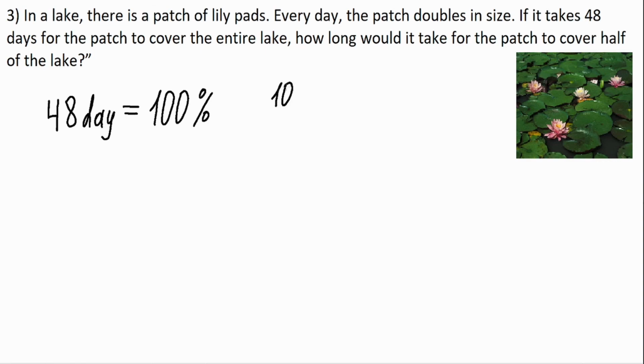We know that 100 divided by 2 is 50, and as you remember, every day, everything doubles in size. So on the 47th day, the lake will be only halfway full. So the 47th day is the final answer.